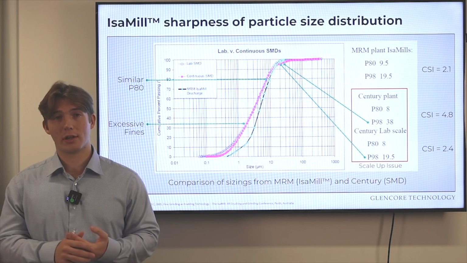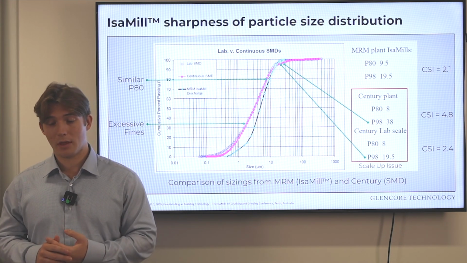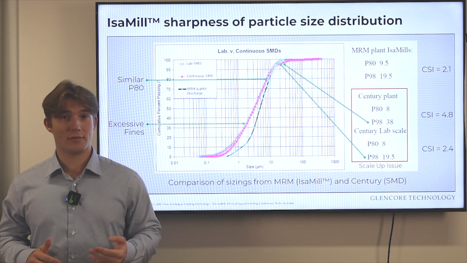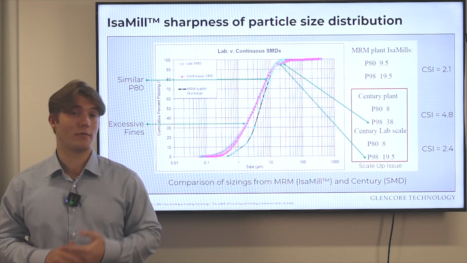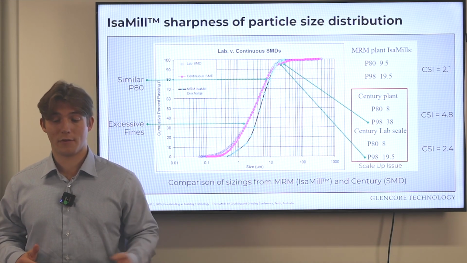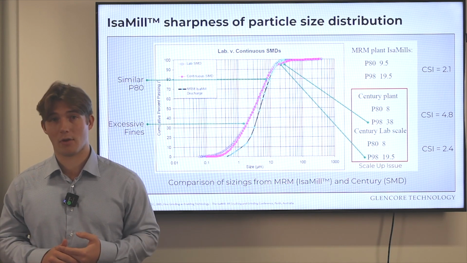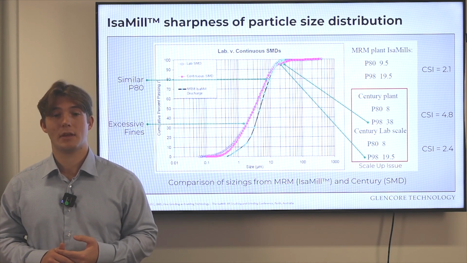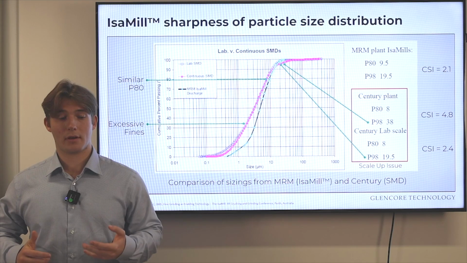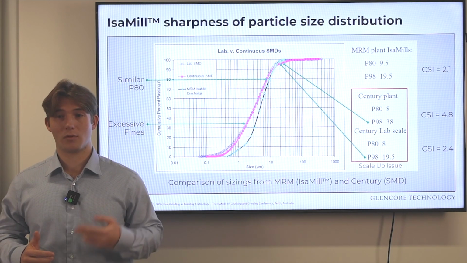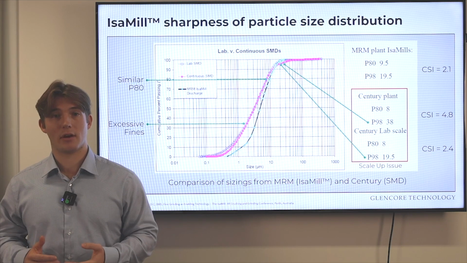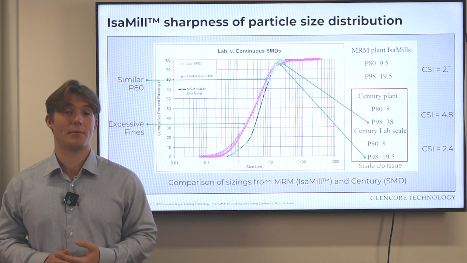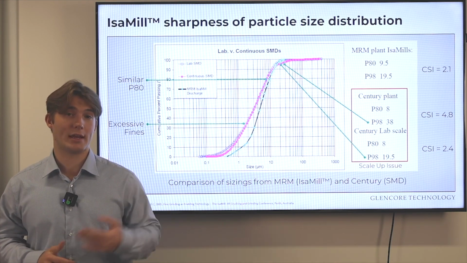However, when you look at the results a little bit more, you notice that the IsaMill achieved a sharper cut size with a finer P98 of 19.5 microns versus Century's 38 micron top size. Now, the sharper cut size is quite beneficial for flotation downstream. However, most of the value in achieving a sharper cut size can be seen in a leaching circuit.